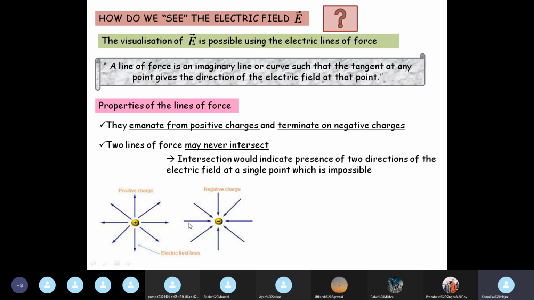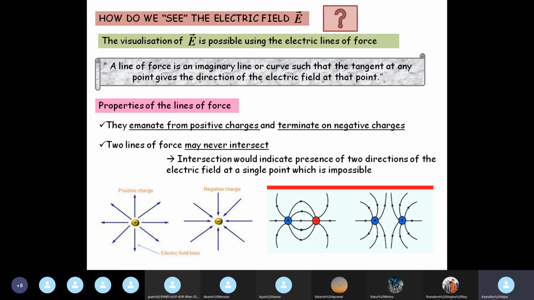If you have two charges close together, a positive and a negative charge, then the lines of force will start from the positive charge and go and terminate on the negative charge. Now these have properties of an elastic thread. So what will happen? They will try to bring the two charges closer. So unlike charges attract.